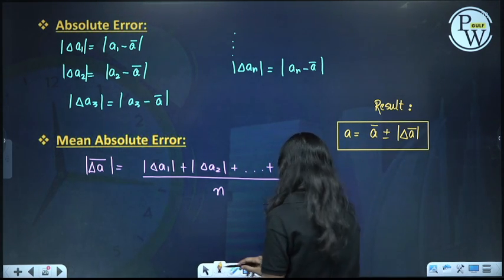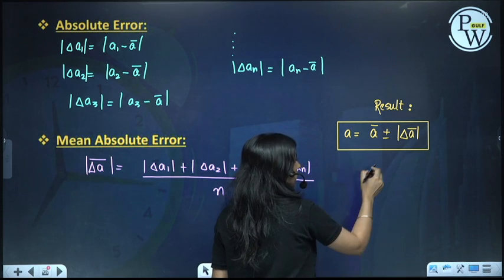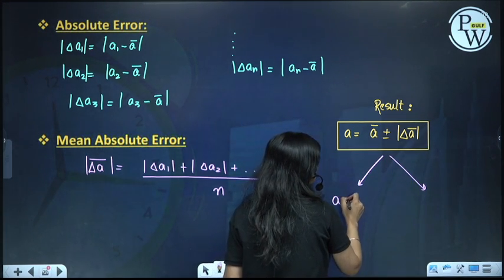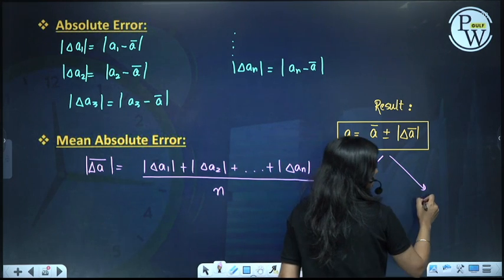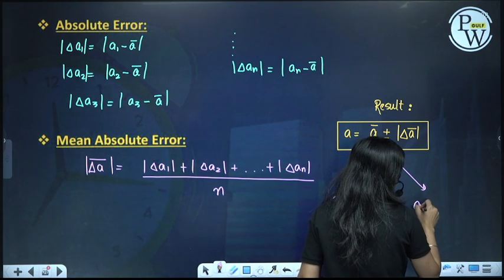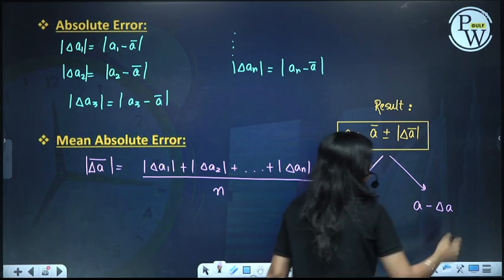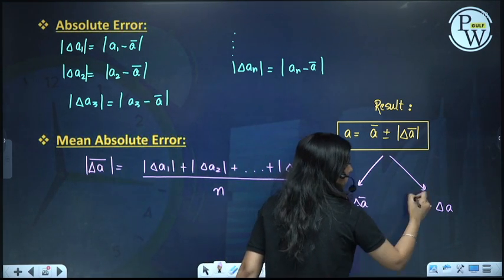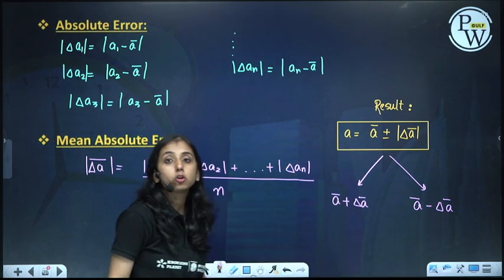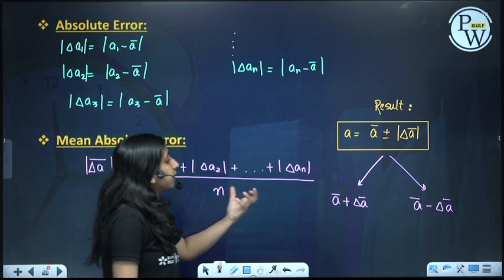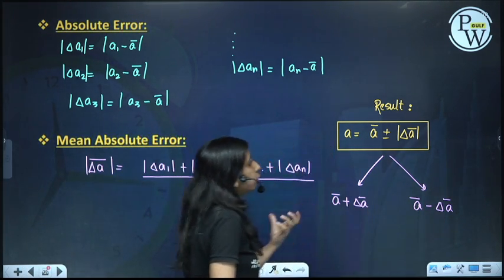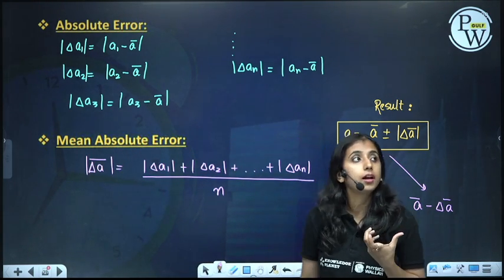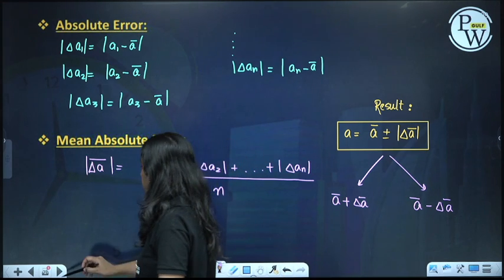So we have two limits of A: A will lie between A bar plus delta A and A bar minus delta A. Whenever we measure A, the value will lie between these two limits. This is how we report the result, and this is the mean absolute error.